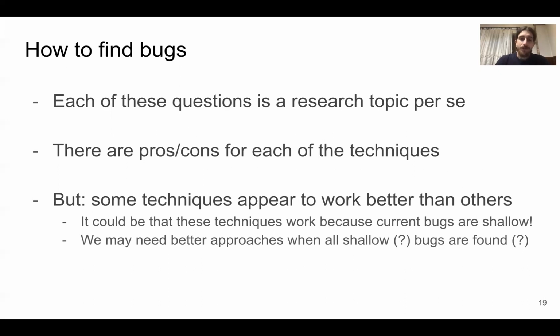It's also an active research area: trying to understand whether, of two techniques proposed in two research papers, the second one is actually better than the other. It turns out it's very, very difficult to create a benchmark to properly compare these techniques. Even creating a benchmark turned out to be very difficult, and there are research papers trying to create benchmarks and so forth. Okay, so it's a very, very vast research area.